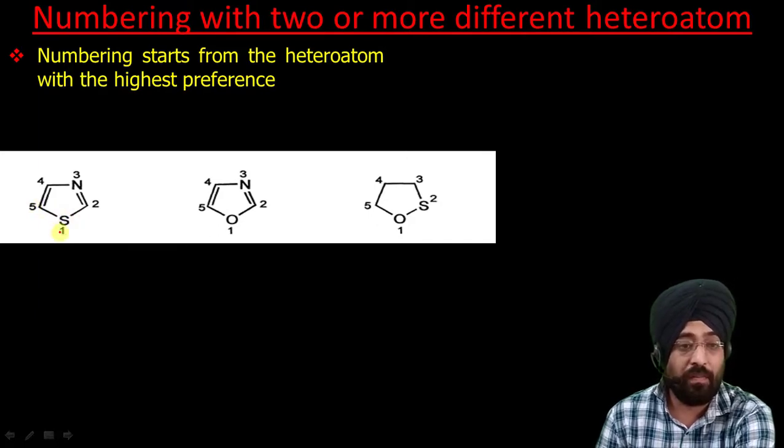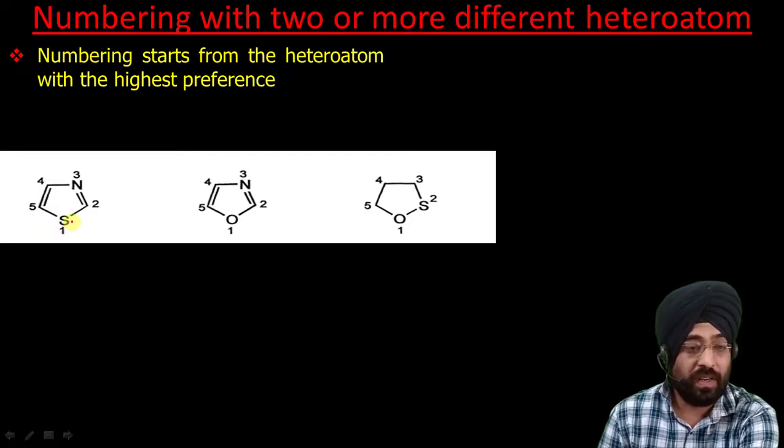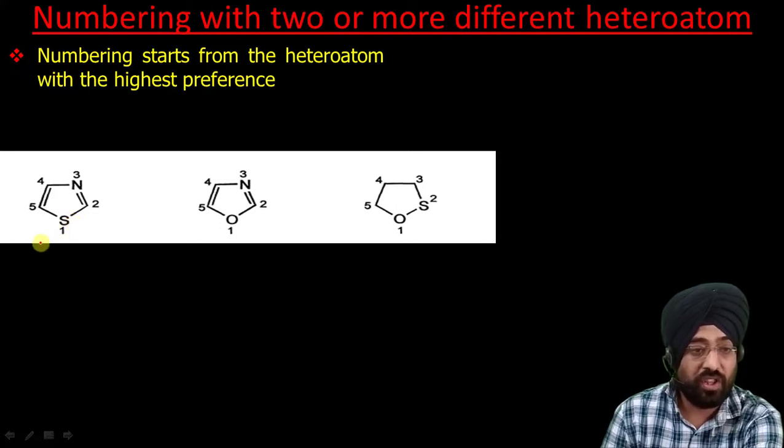And what will be its name? First, what do we have to write? First we have to specify their position, 1 comma 3. I can write here 1 comma 3.